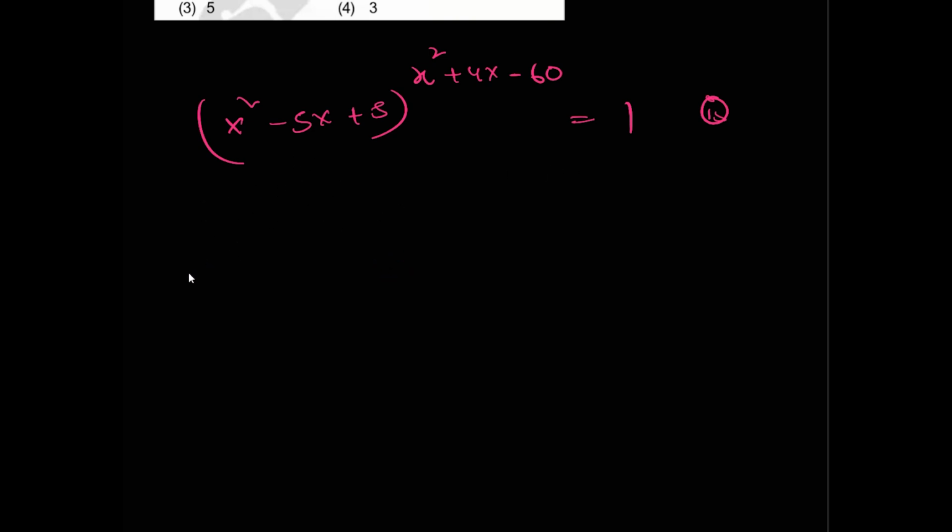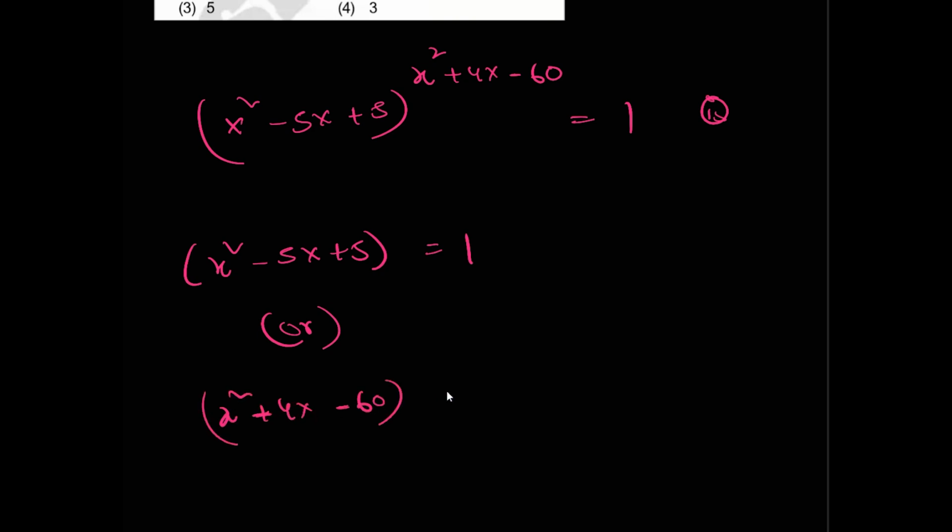So, this can be done in three different ways. 1. x square minus 5x plus 5 is equals to 1, or x square plus 4x minus 60 should be 0, and x square minus 5x plus 5 should be non-zero. Since 0 power 0 is undefined, we need the base as non-zero and the exponent should be 0.